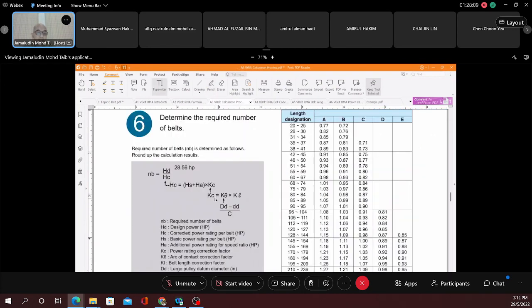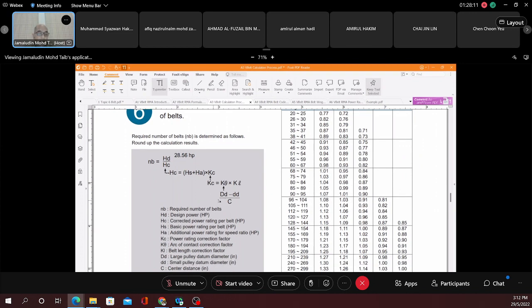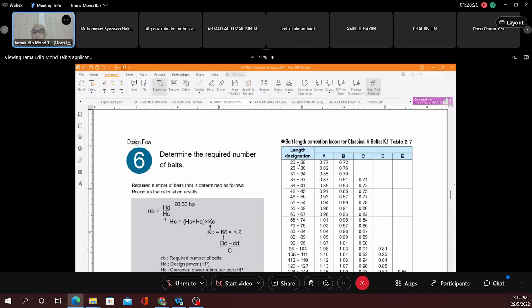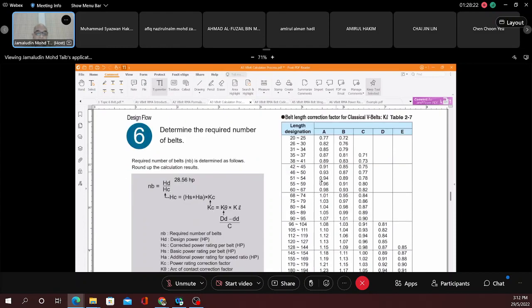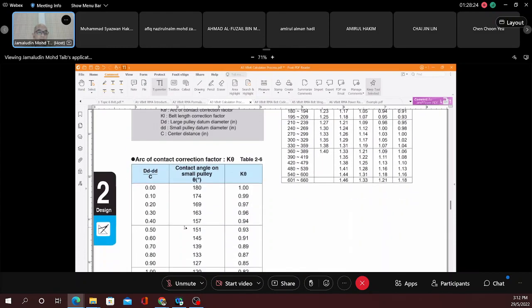K_c, what is K_c? It is the power rating correction factor, along with K_theta over C, and refer to this value. Is it this? That's K_L, this value.